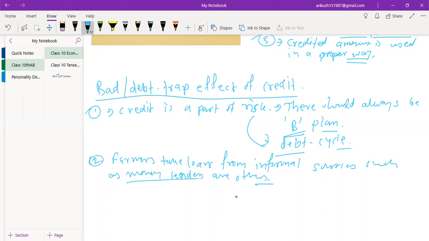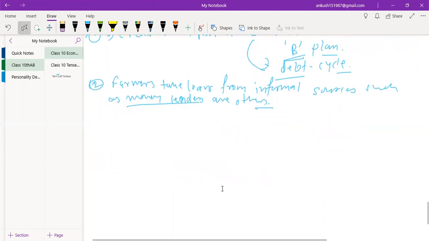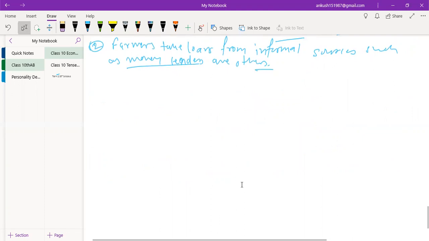That is what we refer to as a money lender in the village. In such cases the farmers can be trapped.